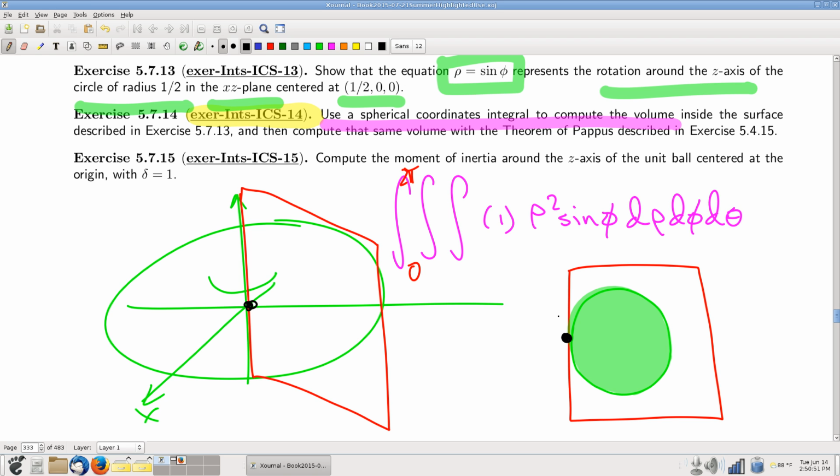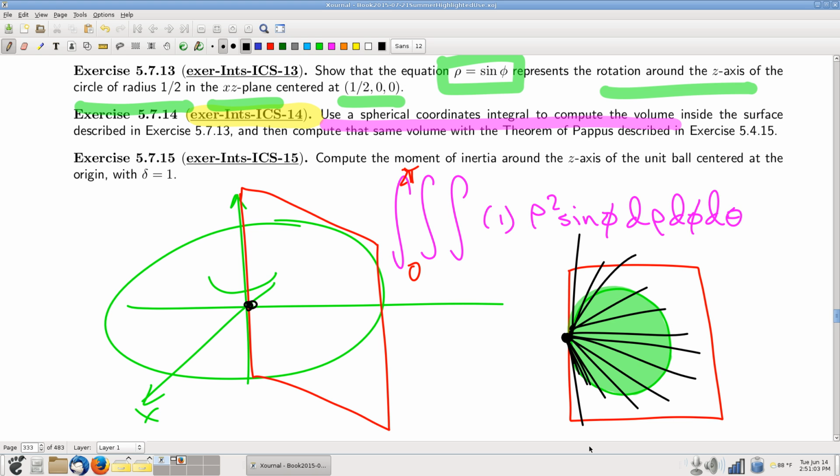And so let's start drawing different values of phi. Well, phi starts at 0, and it just keeps going all the way down until we get to pi. So 0 to pi.